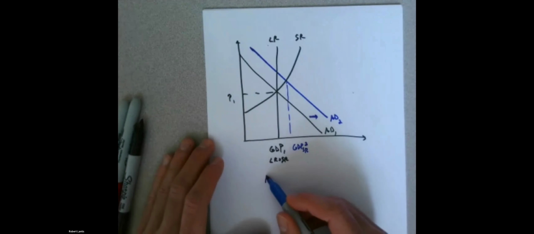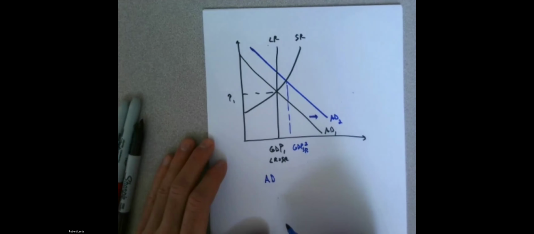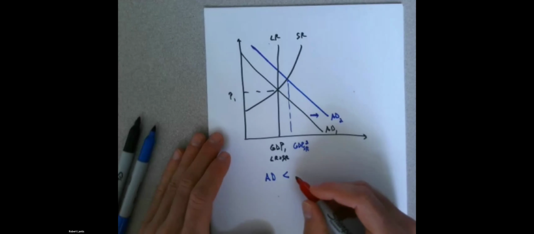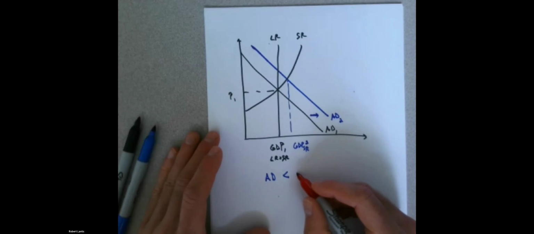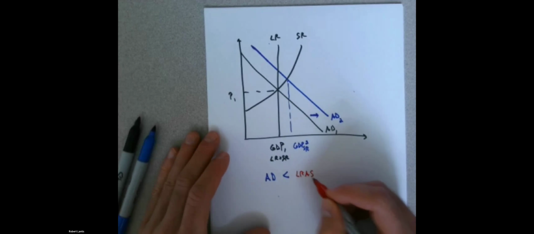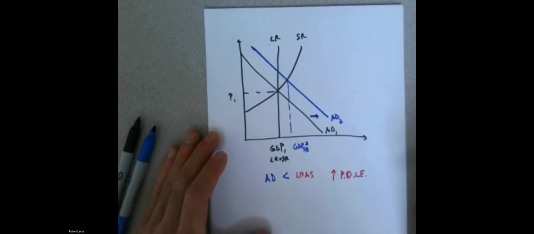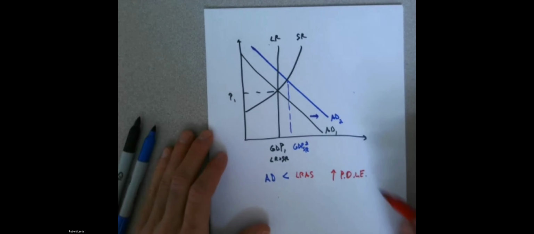But let's assume here that that initial aggregate demand increase is less than the impact of that decrease in taxes, whether it's corporate income taxes or capital gains, that shift is less than the long run aggregate supply shift that's caused by these increases in our factors of production, right, our factors of long run aggregate supply.